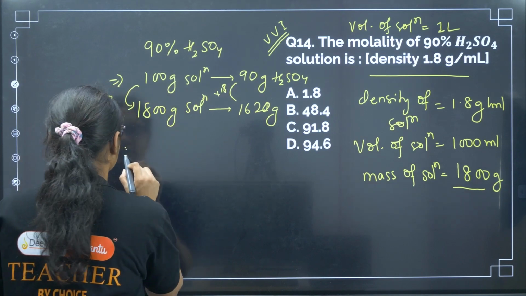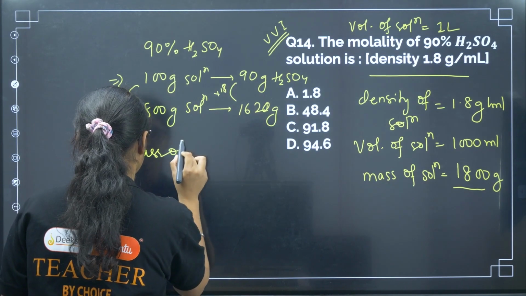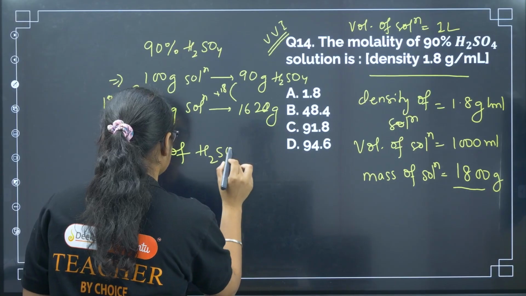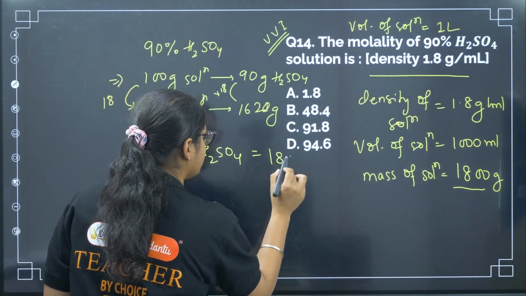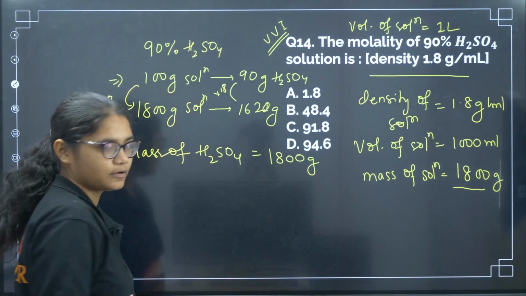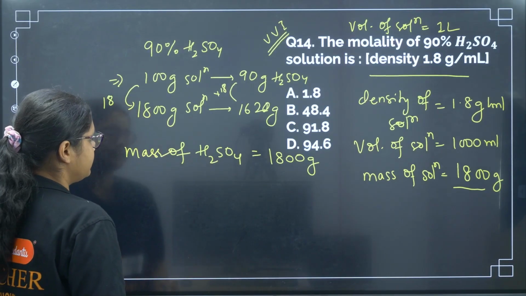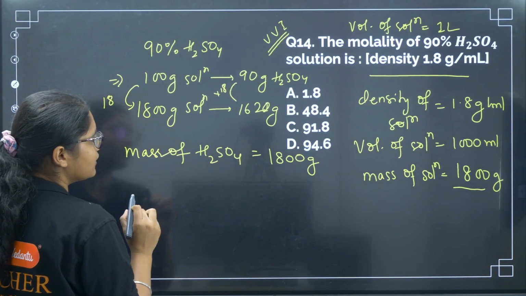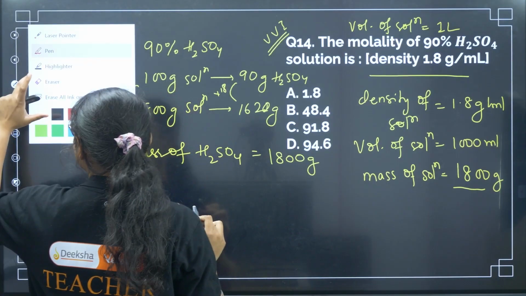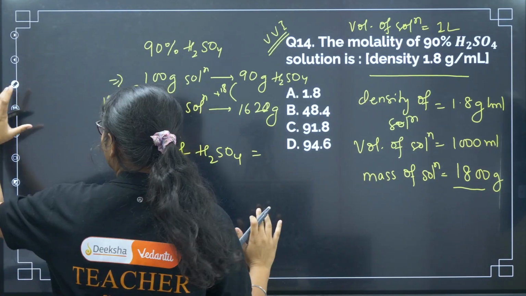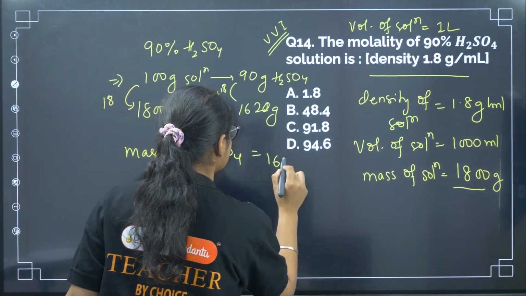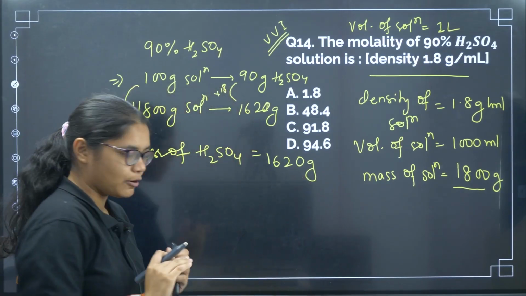So I can say now the mass of H2SO4 is 1620 gram. Clear? So we have found out two things.